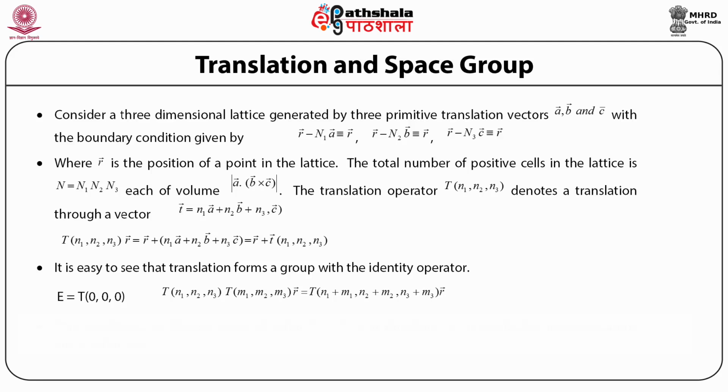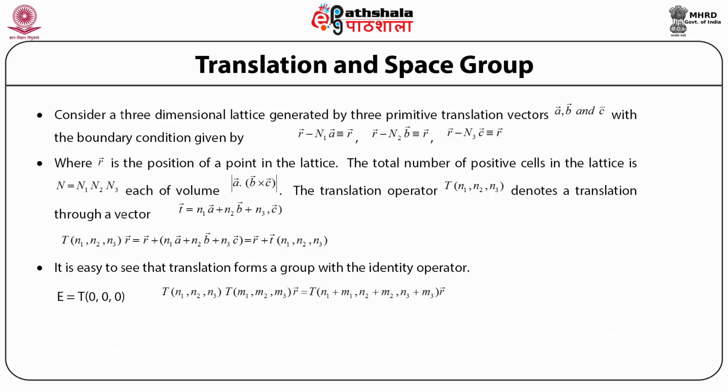And the product of two translation operators, say T(n1, n2, n3) and another T(m1, m2, m3) operating on the vector R, takes it to the translation operator T(n1 plus m1, n2 plus m2, n3 plus m3) acting on R. That is, the effect of two successive translations is equal to a single translation where n1, n2, n3 are replaced by n1 plus m1, n2 plus m2, n3 plus m3 respectively.